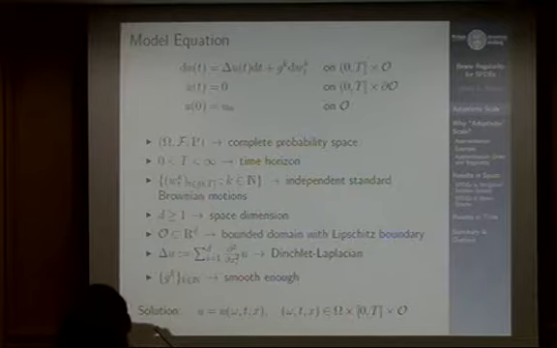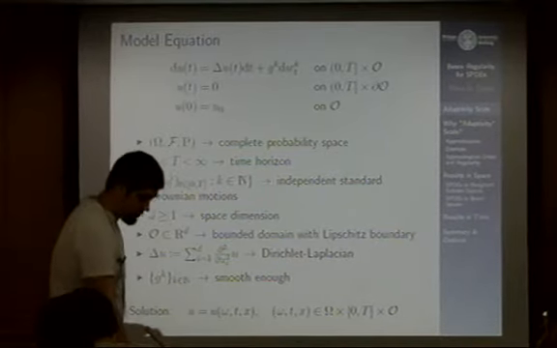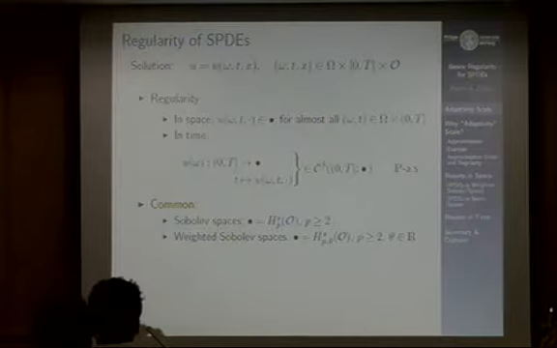Now, if a solution exists, then a version of it is just a function depending on three variables: omega, the time t, and the space variable x out of our domain. And usually one splits the analysis of the regularity into two steps.